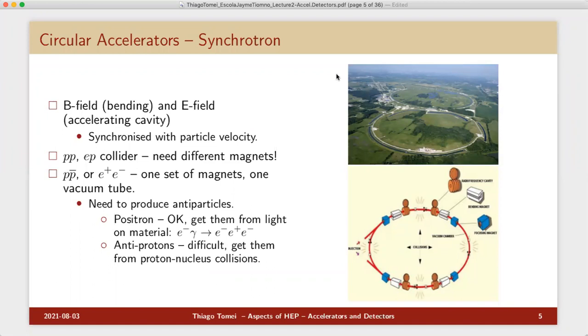You want your particles to keep in orbit. So the momentum changes, and so the magnetic field that you need to keep them in orbit also changes. And all of this has to be synchronized together. I'll give a bit more details about all the elements here later.